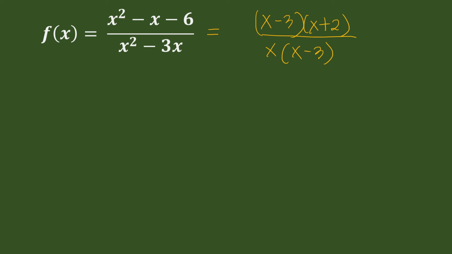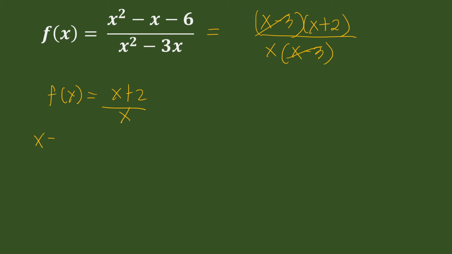That's our restriction. And x of course will not be equal to 0. That's also a restriction. In this case we can cancel this one, so there's a hole. So f(x) now equals (x + 2)/x.